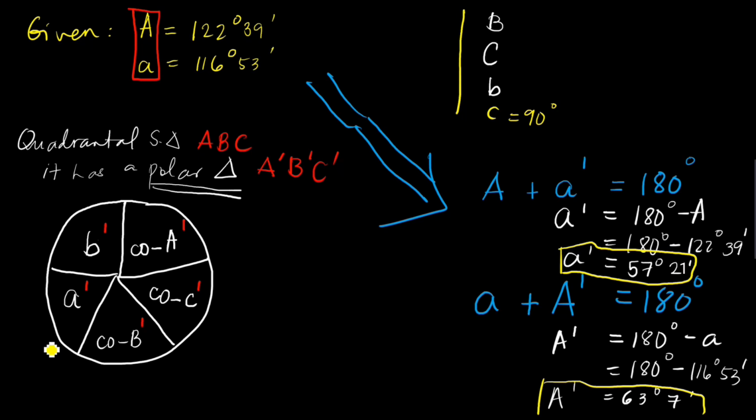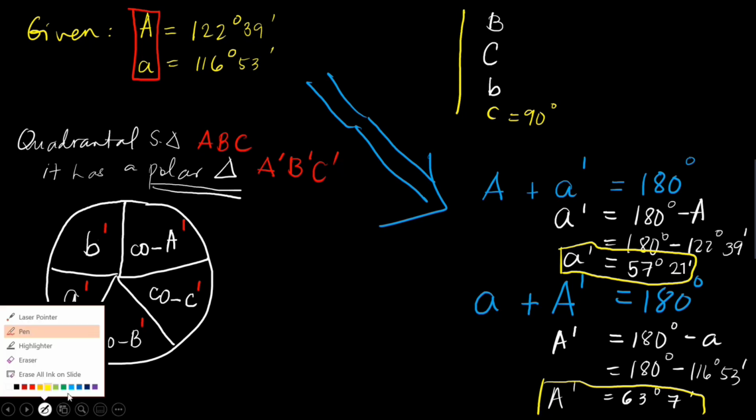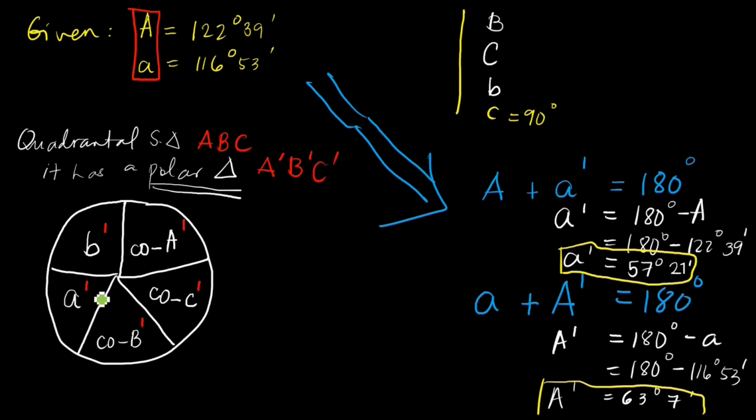Okay. So we already have two values, the small a prime and then the big A prime. These two, we're already going to locate in our circle. So we have the small a prime. Then we do have a big A prime.